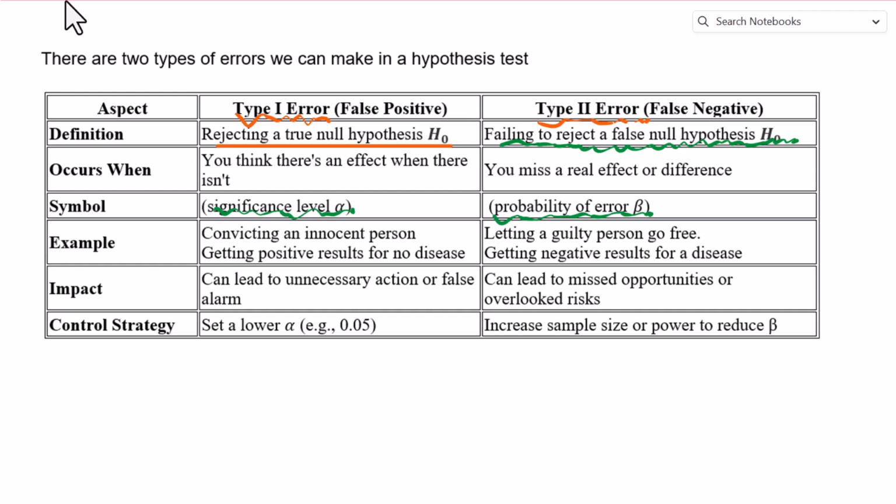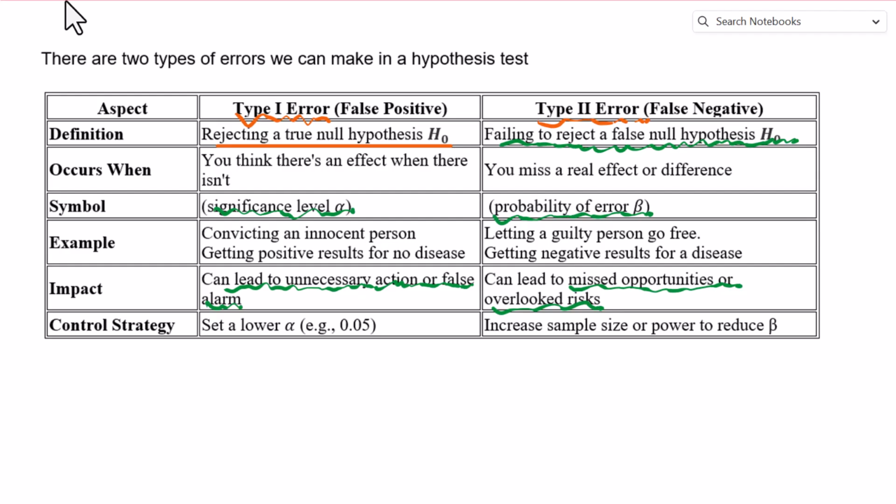Type 1 error can lead to unnecessary action or false alarm. Type 2 error can lead to missed opportunities or overlooked risks.